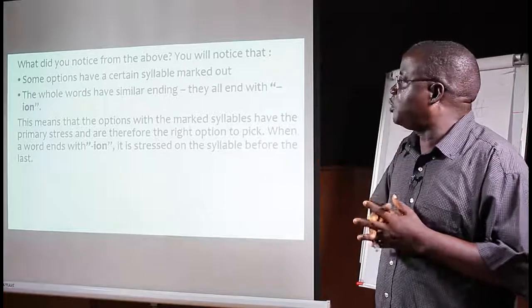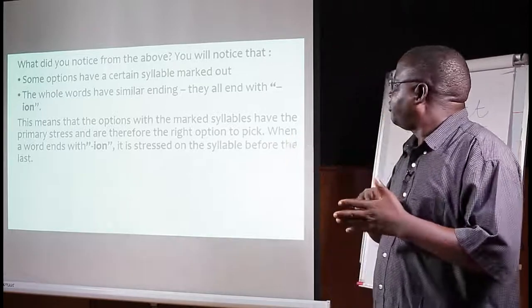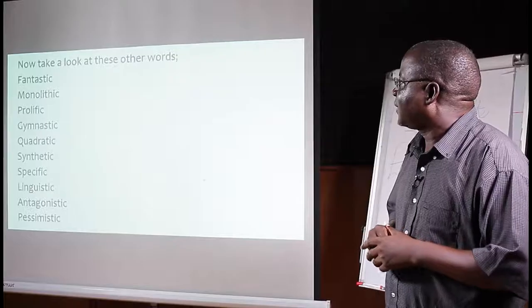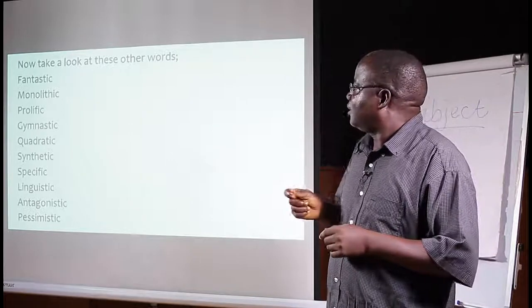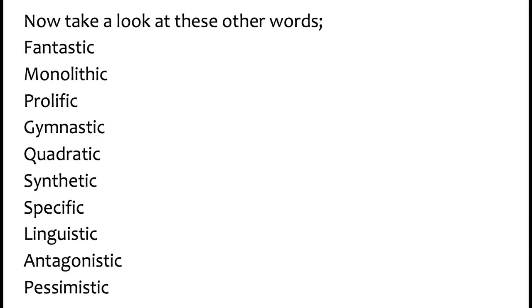Now, I asked you the following question. I said, what did you notice about all these? And we said, all of them end with ION, and therefore they are to be stressed on the second to the last syllable. Now, we took some more examples. Words ending with IC: monolithic, fantastic, prolific, gymnastic, quadratic, synthetic, specific, linguistic, antagonistic, pessimistic.